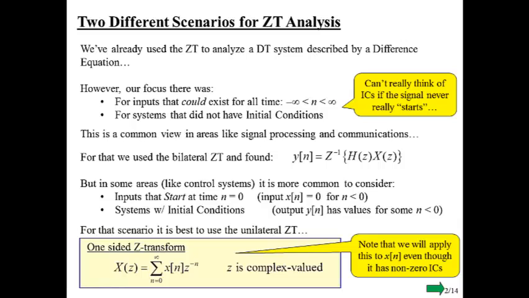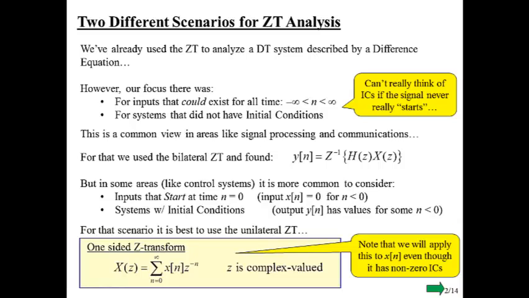So for our use in this setting, when we want to include initial conditions, well, let me say it this way. We restrict our Z-transform explicitly to only include the parts that are not initial conditions. So only our applied signal and the output that arises after the application of the signal.